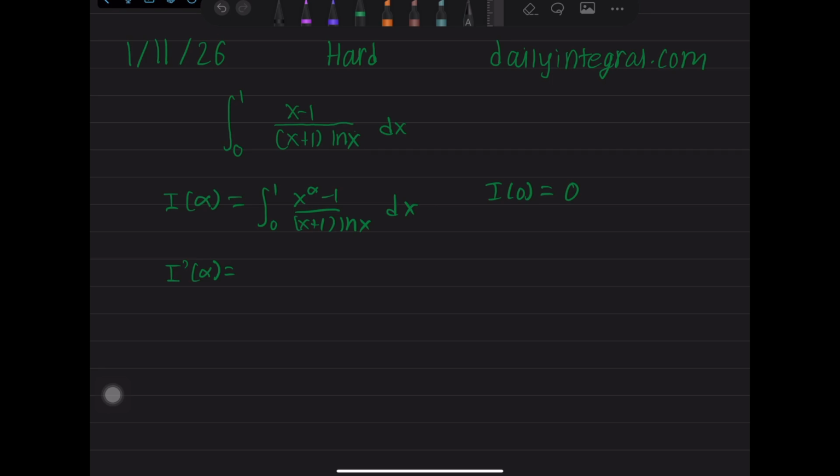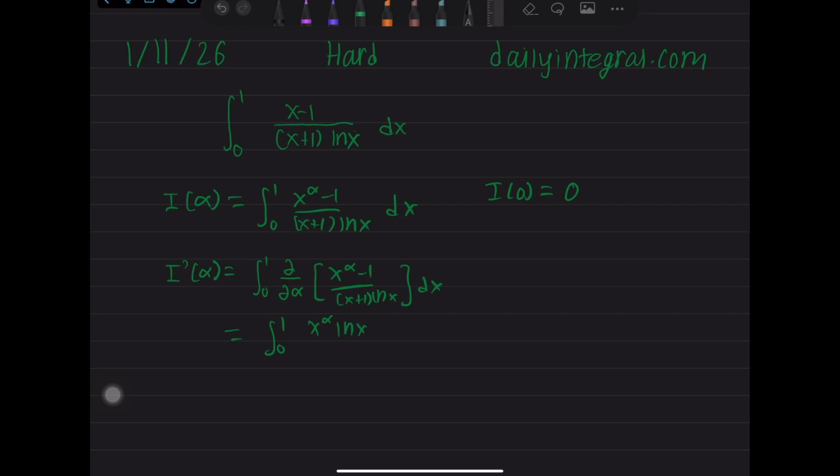So here, let's now actually differentiate this. So we'll take the partial derivative with respect to alpha of this function. So the partial derivative of x to the alpha is x to the alpha ln of x.